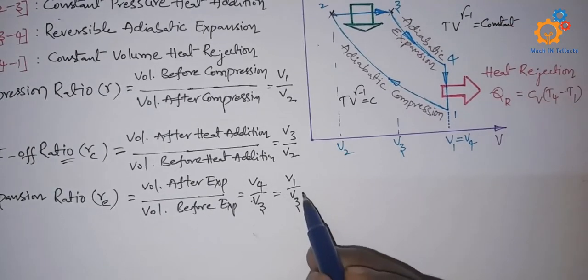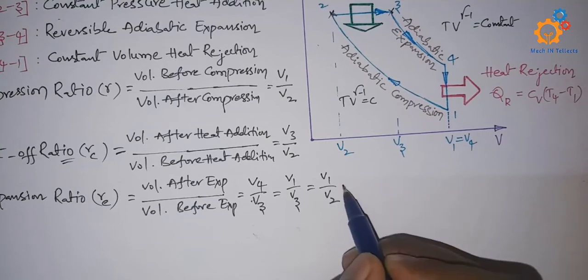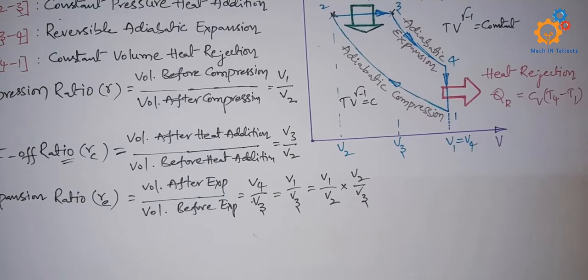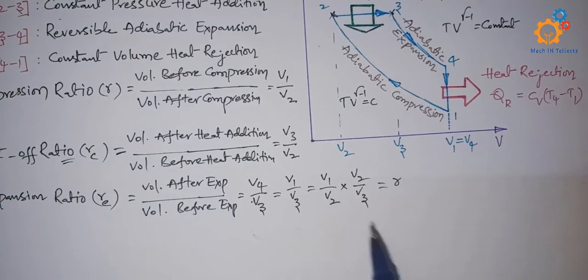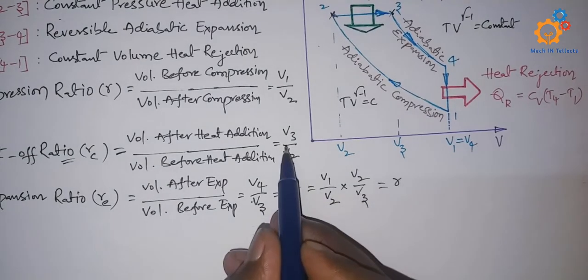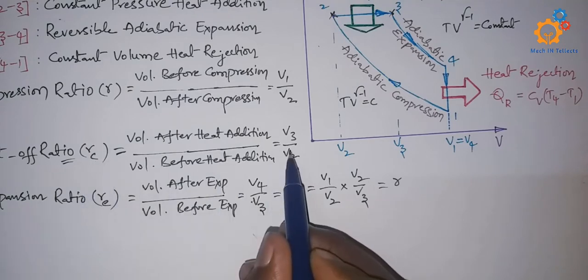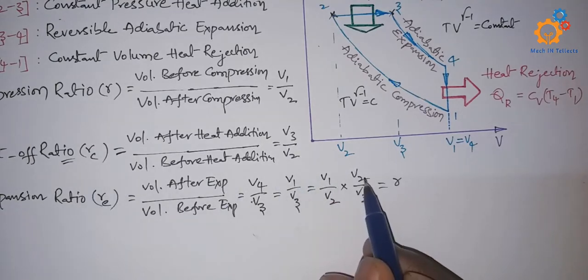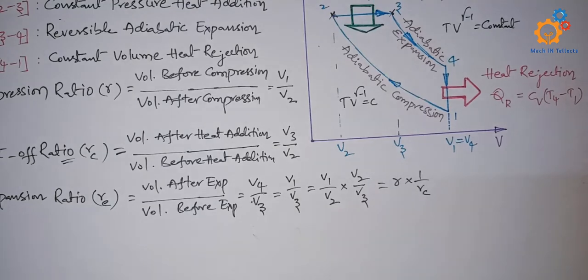And the same thing we can write as V1 by V2 into V2 by V3, right? Now I can write V1 by V2 as compression ratio R, and V2 by V3 as the reciprocal of the cutoff ratio, because V3 by V2 is the cutoff ratio, but here I have V2 by V3, so I take the reciprocal of the cutoff ratio.